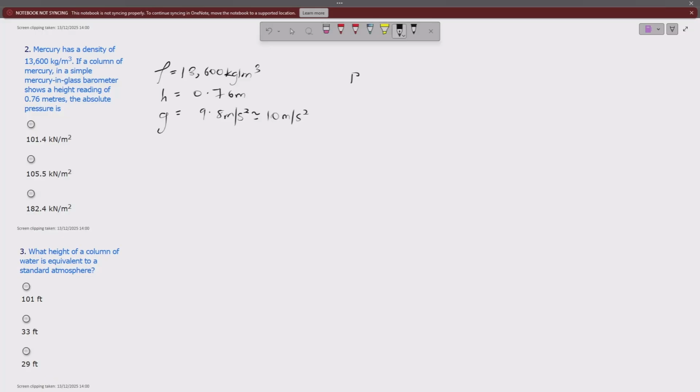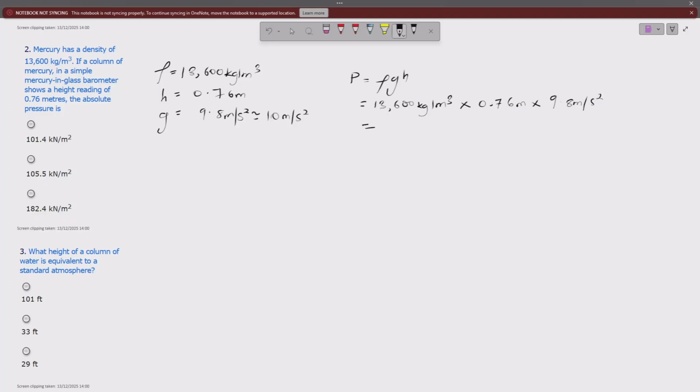So pressure equals rho g times h. That is going to give you 13,600 kilogram per meter cube times 0.76 meters times 9.8 meters per second squared. This is going to give you the pressure.